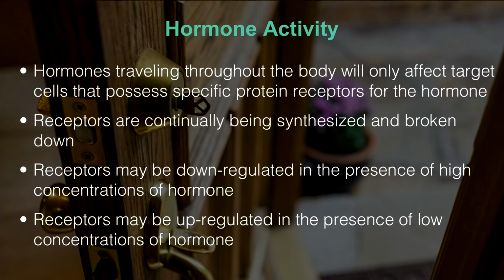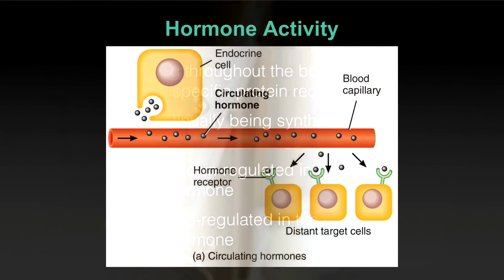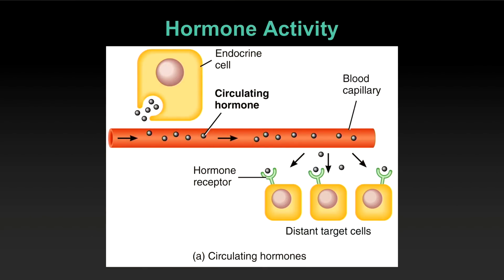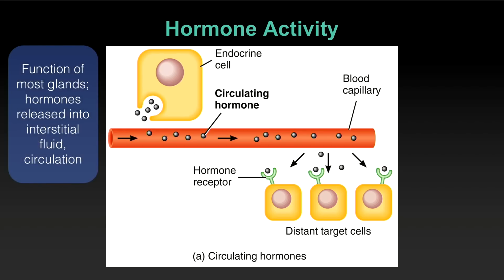So what we're describing through all of this is the main action of endocrine hormones shown here. The large majority act as circulating hormones. Most of the glands in the body function accordingly. As we described, they release their hormones.